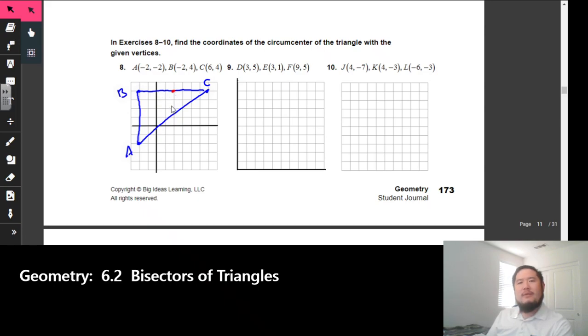That would be the middle. Perpendicular to a horizontal line would be a vertical line. So let me just draw it out right there, perpendicular bisector. Let's do the same with B to A. 1, 2, 3, 4, 5, 6 is the entire segment. Half of that would be 3. So let's count 1, 2, 3. There's the middle.